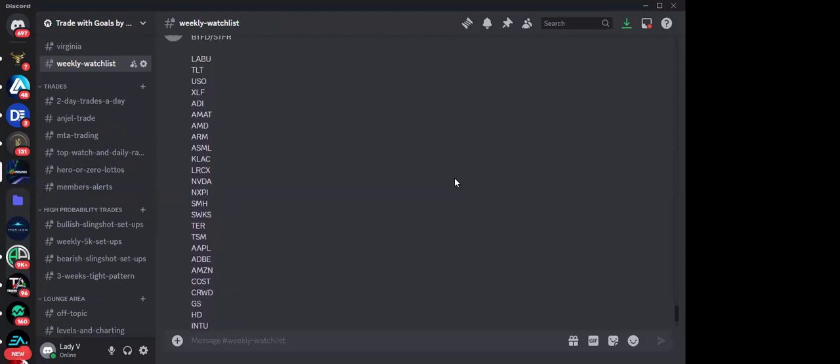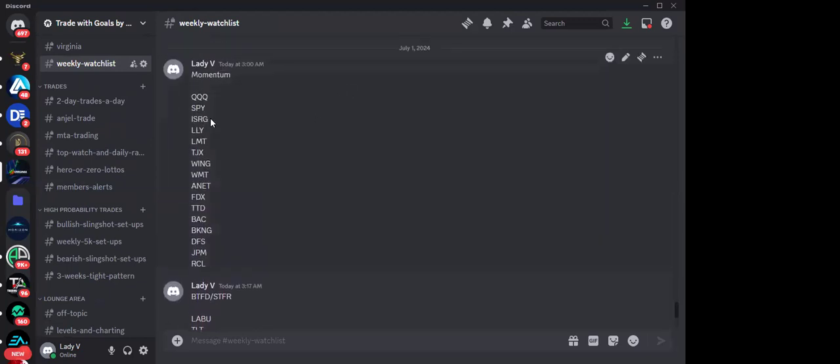These are the momentum: QQQ, SPY, ISRG, Lilly, LMT, Wing, Walmart, Anet, FedEx, TTD, Bank of America, BKNG, DFS, JPM, RCL. These are the momentum stocks, okay?